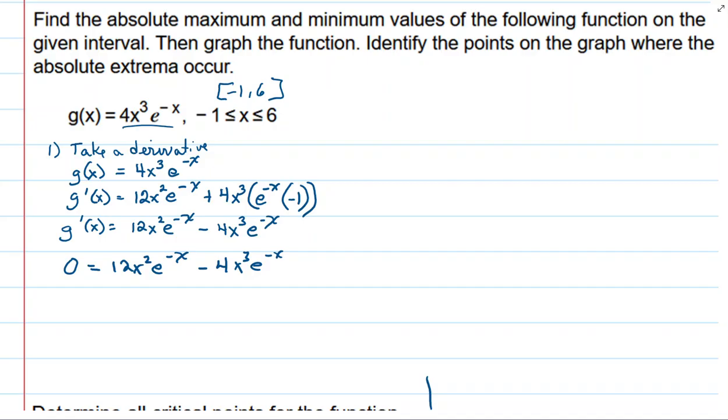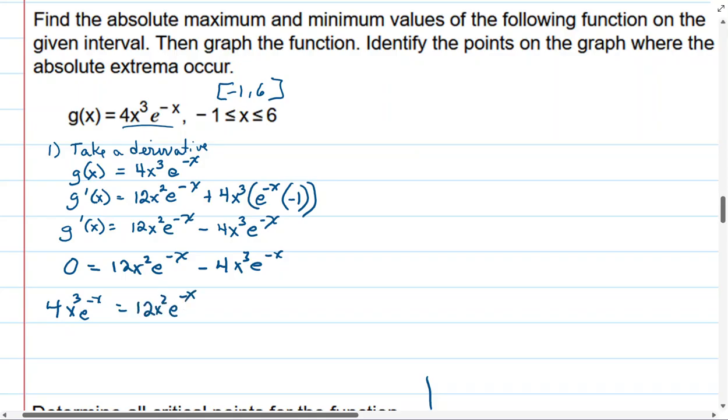So I'm going to have the 4x to the third e to the negative x equal to 12x squared e to the negative x. Is that okay with everybody? If I divide by e to the negative x, it just becomes 1, doesn't it? That's what I was getting at, but it's all right. It's all good. Because we would have put it in its natural form and multiplied by 0, and it would have been gone. So we're still going.